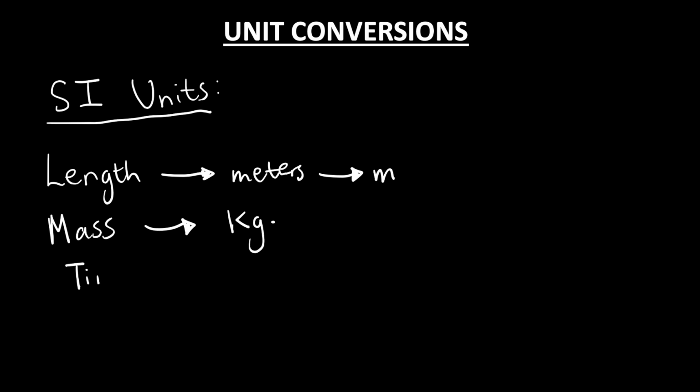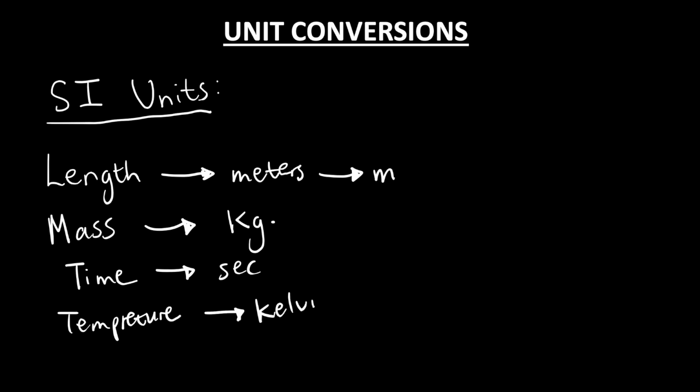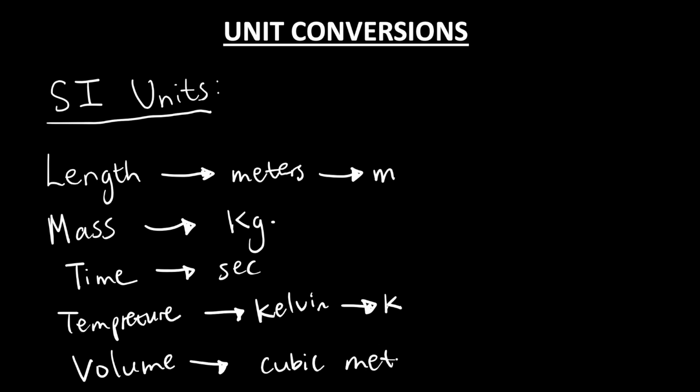For time, it's going to be in seconds. For temperature, it's going to be in Kelvin, which is just the symbol K, and then volume, which will be measured in cubic meters, which will have the symbol meters cubed.